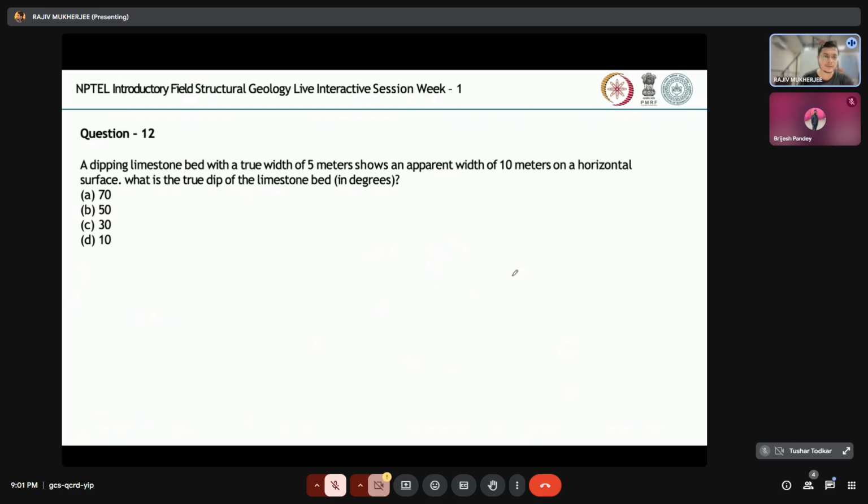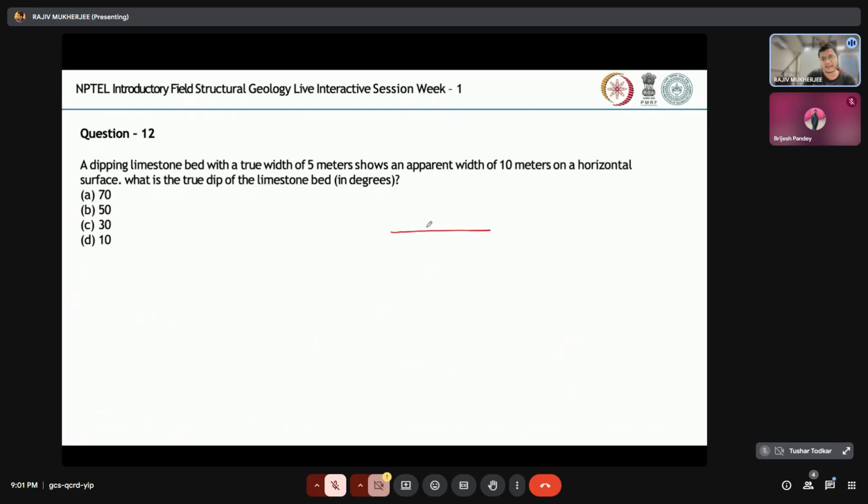Okay, a very easy question. A dipping limestone bed with a true width of 5 meters shows an apparent width of 10 meters on a horizontal surface. Then what is the true dip of the limestone bed calculated in degrees?